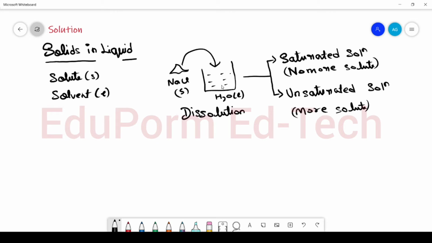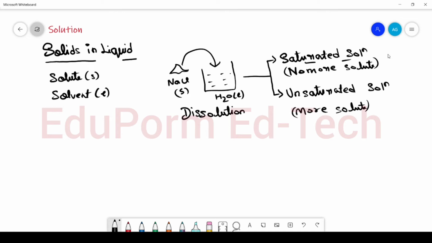Then there will come a stage where no more NaCl will get dissolved unless I increase the temperature. So at that stage, saturated solution will be formed where no more NaCl can be dissolved at given temperature, pressure and at given concentration of solvent.